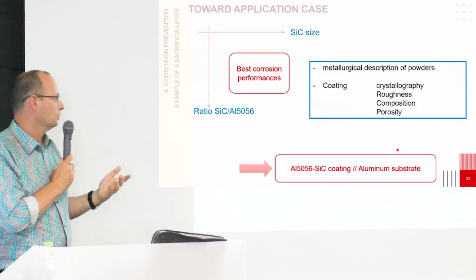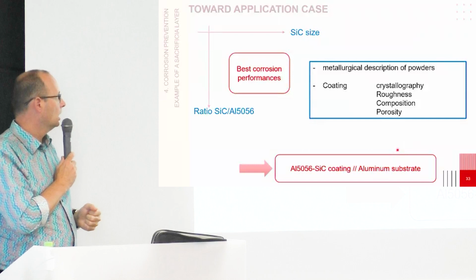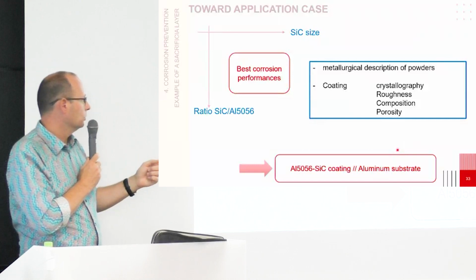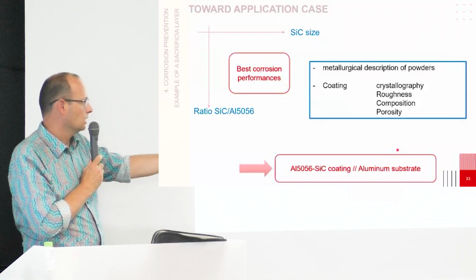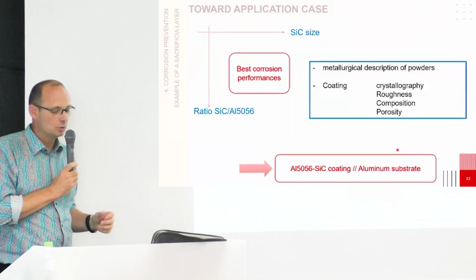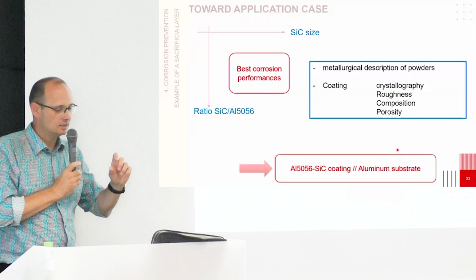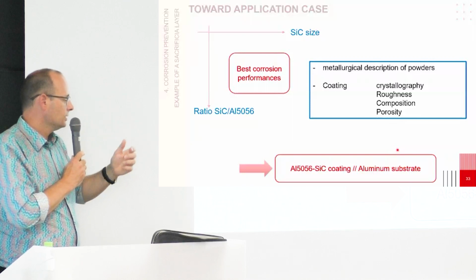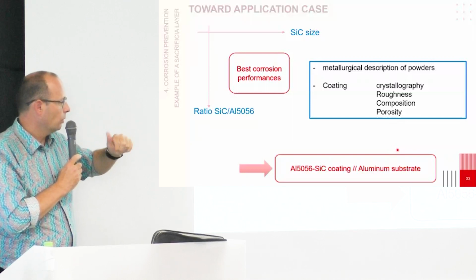using a sacrificial coating. And for this one, I want to use a specific aluminum composition. And I know that this coating needs to be slightly more dense, slightly more wear resistant.